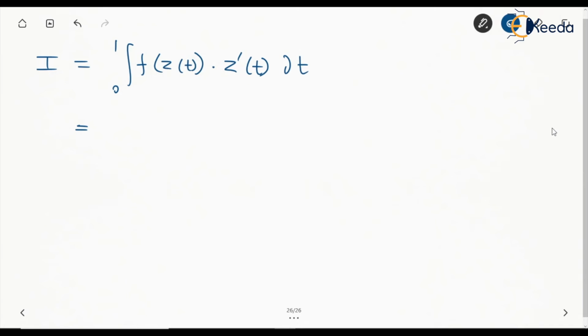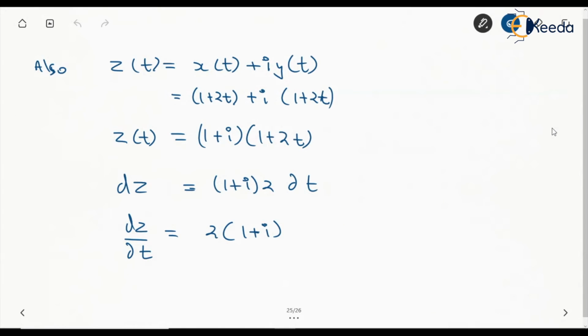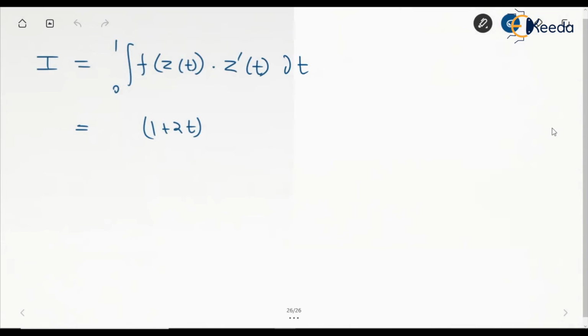What is x? It is 1 plus 2t. What is z dash t? We have already seen z dash t is 2 times 1 plus i. So it is 2 times 1 plus i dt, integration from 0 to 1.